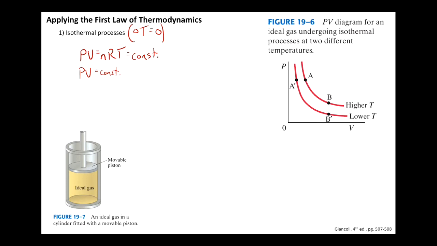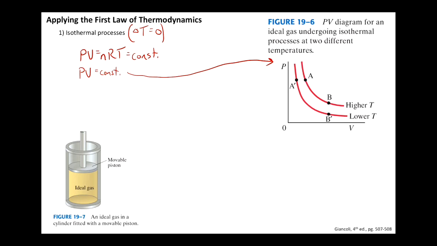It is this relationship that leads to graphs that look like what we see on the right, on the PV diagrams. Each one of those red curves represents a temperature. If I move from point A to point B on that graph, the pressure and volume are changing, but the temperature is not along that curve. If, on the other hand, I go from A prime to B prime, that's a different, lower temperature, as I move from one state to another with different pressures and volumes.